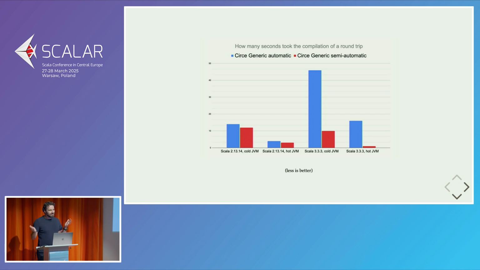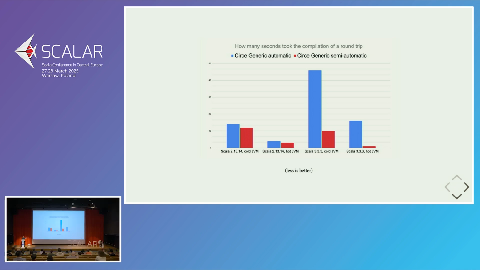There is no difference between automatic and semi-automatic derivation due to a lot of optimization we'll talk about later. But when you look at Scala 3, the difference is there, because this file that I designed was compiling for over 40 seconds, meanwhile semi-automatic derivation was compiling in only 10 seconds.